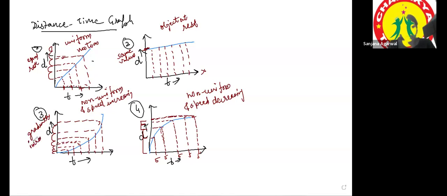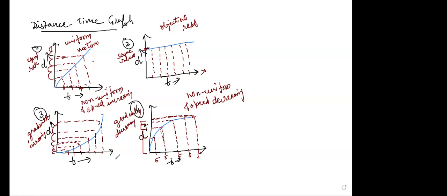Because I'm writing it near the y-axis, this means I'm writing about the change in distance values only, because the time intervals I have already taken the same. Gradually it is increasing and gradually this is decreasing. I hope no more doubts in graphs now, on how to read the graphs.